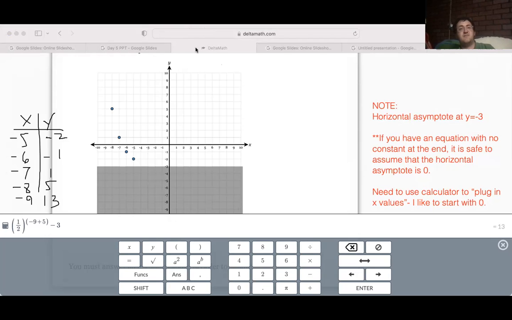And then I'm just going to trace this myself rather than go up and do the Delta Math feature, but Delta Math will give you a nice tool as well. But this is what your graph is going to look like. And this is a classic example of exponential decay.